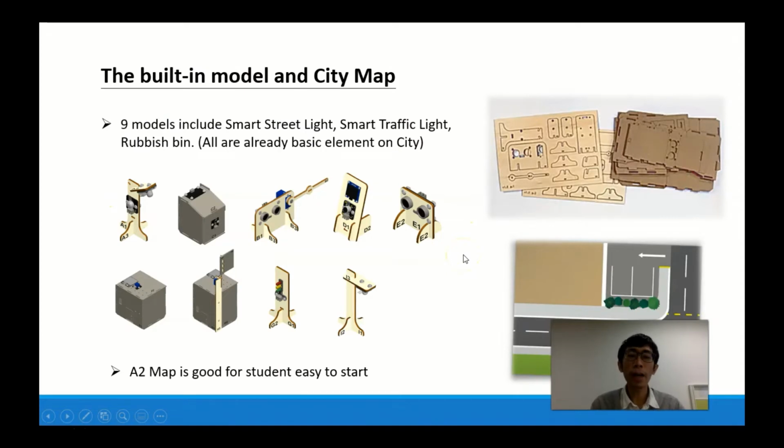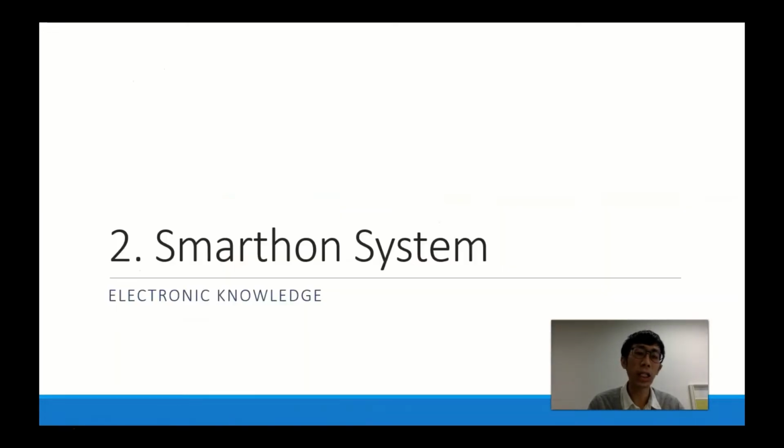So let's go. The introduction part is finished, and we will go to the second part. It is the smart system, because we need to know how to build a model. It just takes you time to build it, but you need to know the different electronics, what the module, sensor, and actuator are, how they operate, the logic behind them, and how to connect the wires.